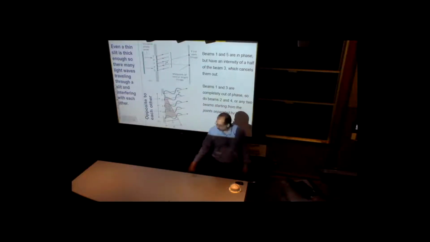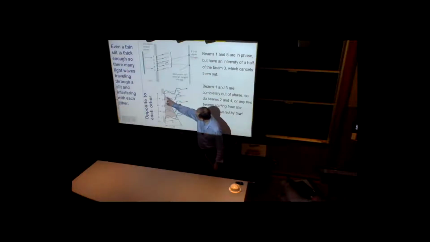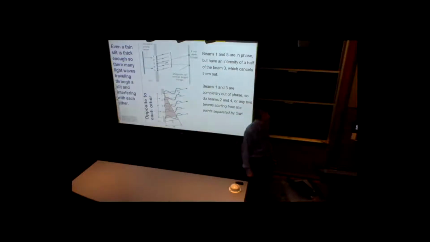Why do we need this? Because we have to talk about minima, not maxima. How do they cancel? We see this is out of phase with this. For each wave from below this point, there is a wave from above which will cancel it out. So there are pairs of waves canceling each other out.